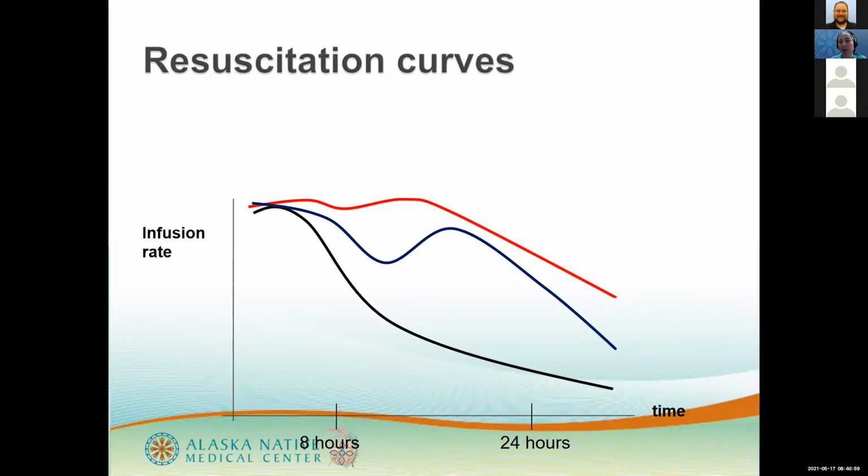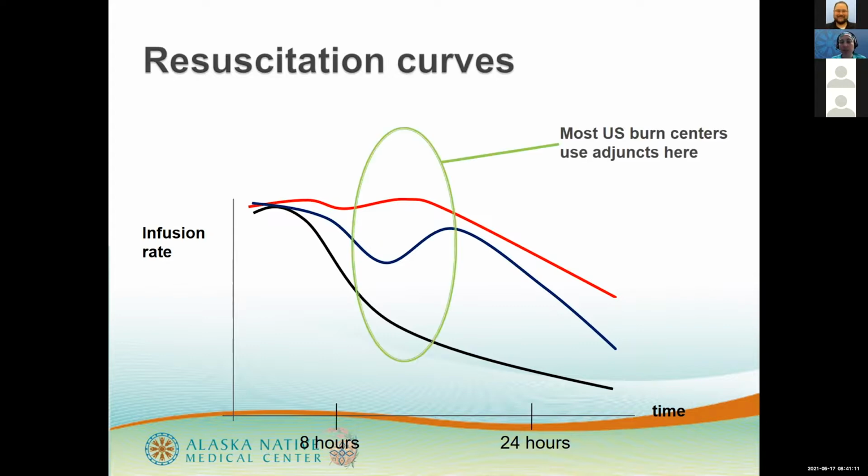Those are more typical resuscitation curves for really major burn injuries. So it's important to try to get to that nice black line, but there are a lot of challenges in resuscitation. Most US burn centers will use adjuncts in that 8 to 12 hours when you start to see that they're coming off curve. When you are increasing fluids or you can't get them decreased on their rate, that's when we're going to think about using adjuncts.